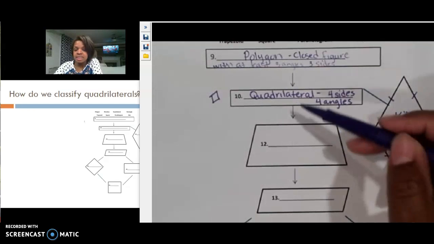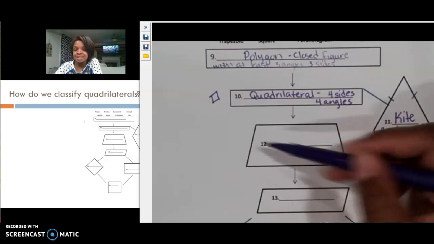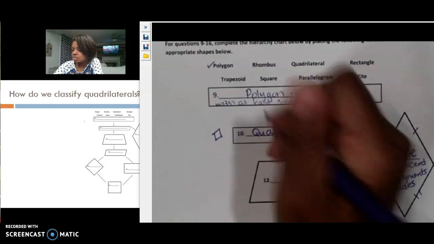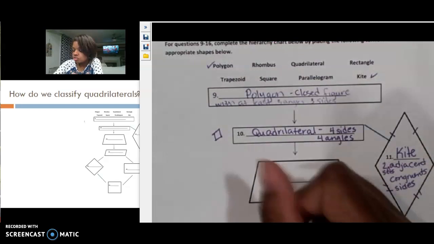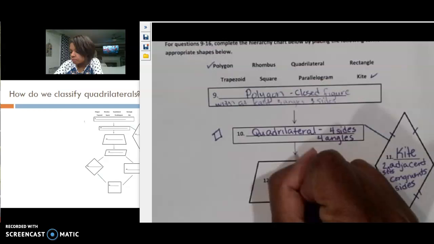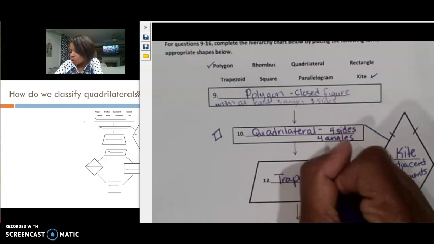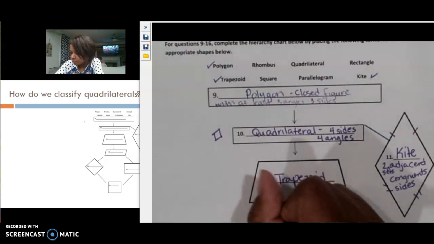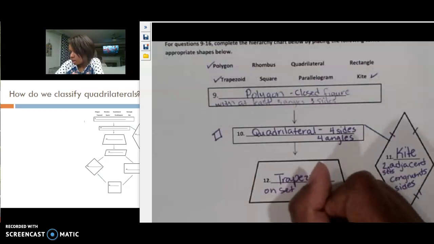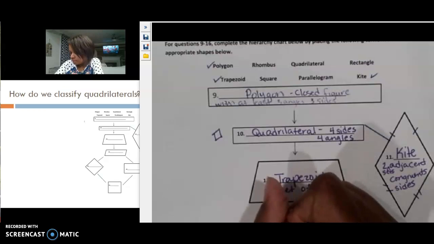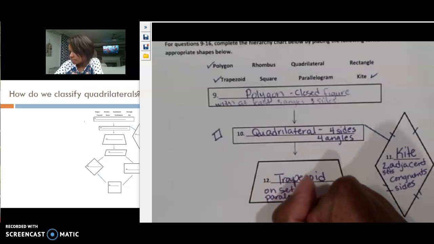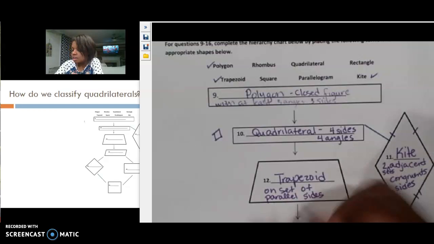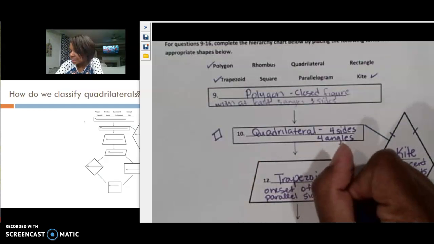Now I notice that this one has one set of parallel sides. So then that means that this is a trapezoid, because a trapezoid has one set, just one set of parallel sides. And again, at least.